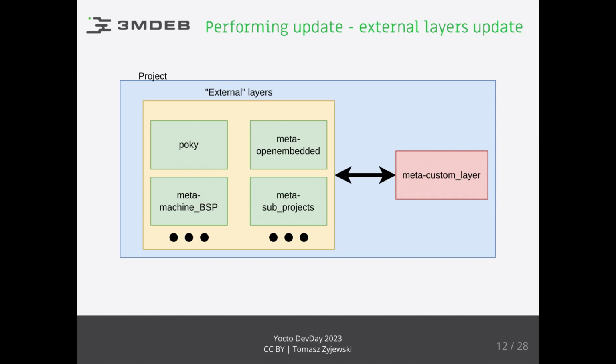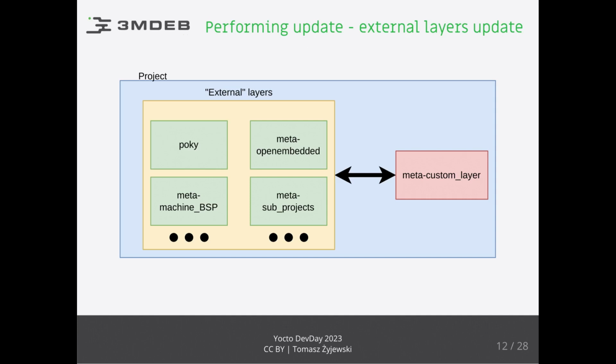As for the work that we need to do with external layers while updating our Yocto-based project, we need to set them to some revision. Probably every one of them has a branch named for each of the Yocto releases.